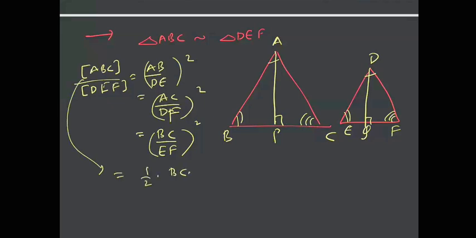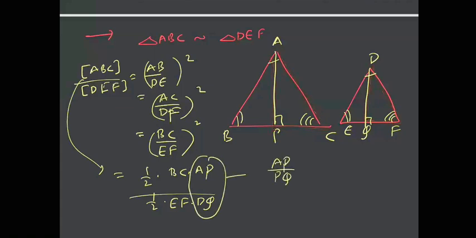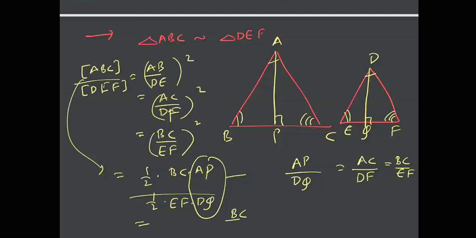So again, since the triangles APC and DQF are similar, you can write AP over DQ as AC over DF. Okay, but AC over DF is nothing but BC over EF. So this is BC over EF whole square.